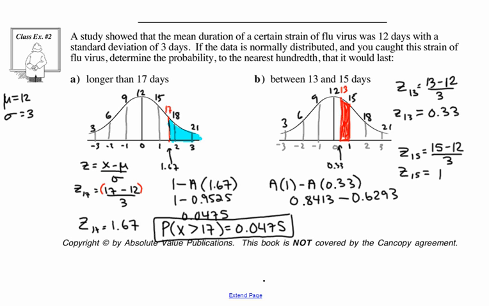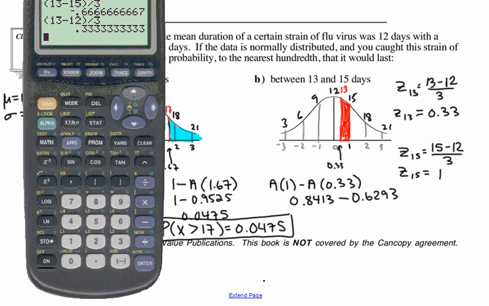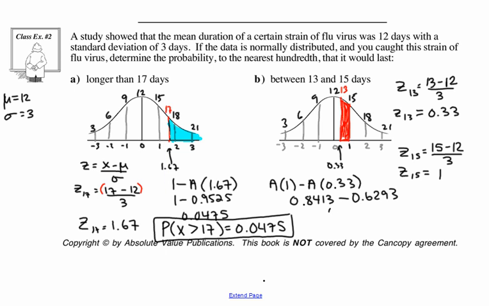So subtracting those two values, that gives us 0.2120. The probability that X, our actual days of flu, is between 13 and 15 days, that it'll last that long is 0.2120.